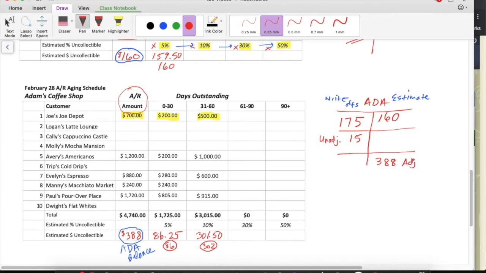That is going to be my adjusted balance. The question is, how much do I need to record to get there? In order to get there, I am going to have to record a credit of $403. That's going to be the amount I need to record in my entry.